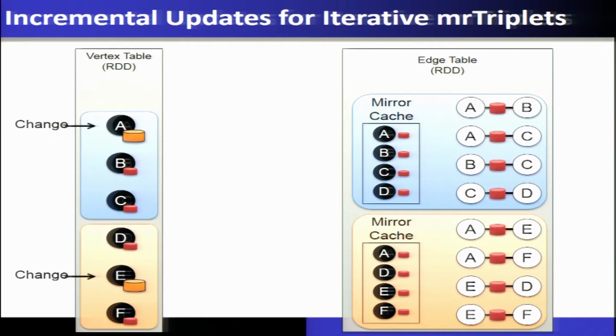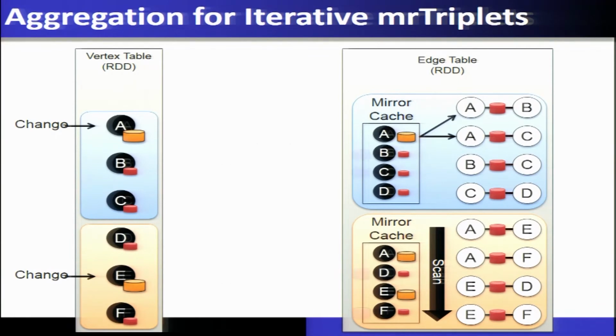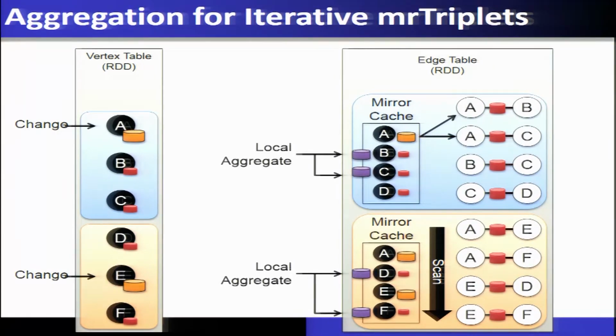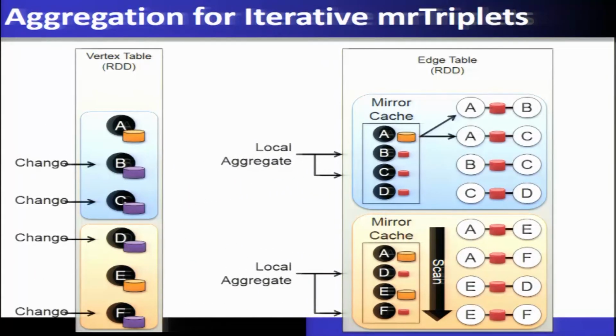Now, whenever there is a change happening at the vertex table on those nodes, these changes are communicated to the mirror cache, and this mirror cache in turn will propagate those changes further to the edge table. Whenever the nodes are scanned and require any changes in the mirror cache, a local aggregation will be performed, and this local aggregation will be communicated back to the vertex table.